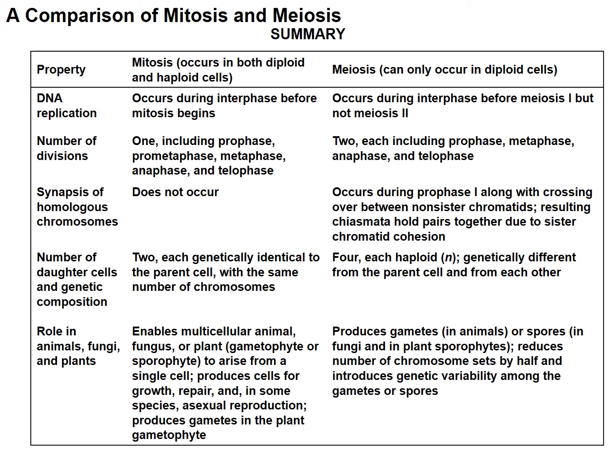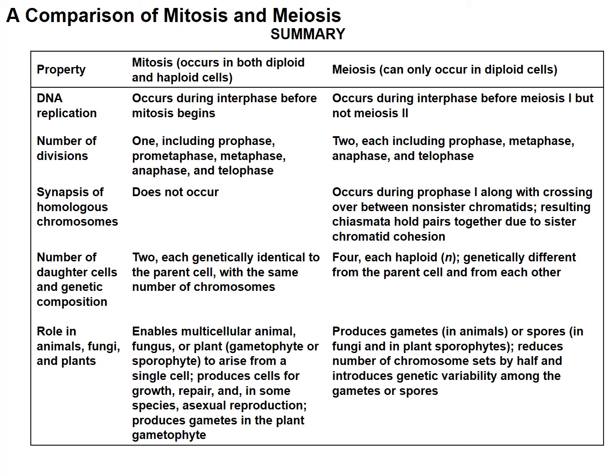So if we look at DNA replication, it occurs during interphase before mitosis begins. In meiosis, it occurs during interphase before meiosis 1, but not meiosis 2. In terms of the number of divisions, there's 1 in mitosis, there's 2 in meiosis. In mitosis, we do not have synapsis of homologous chromosomes, but in meiosis, we do have synapsis.